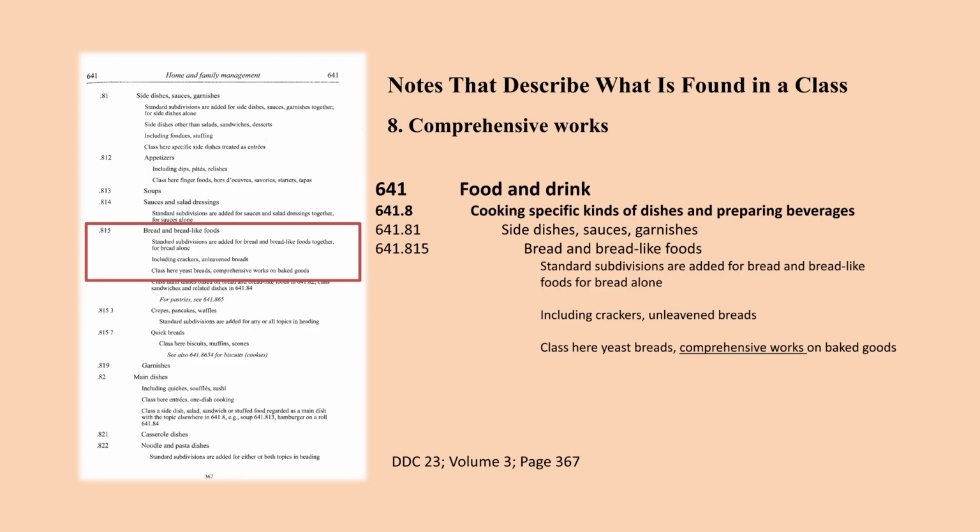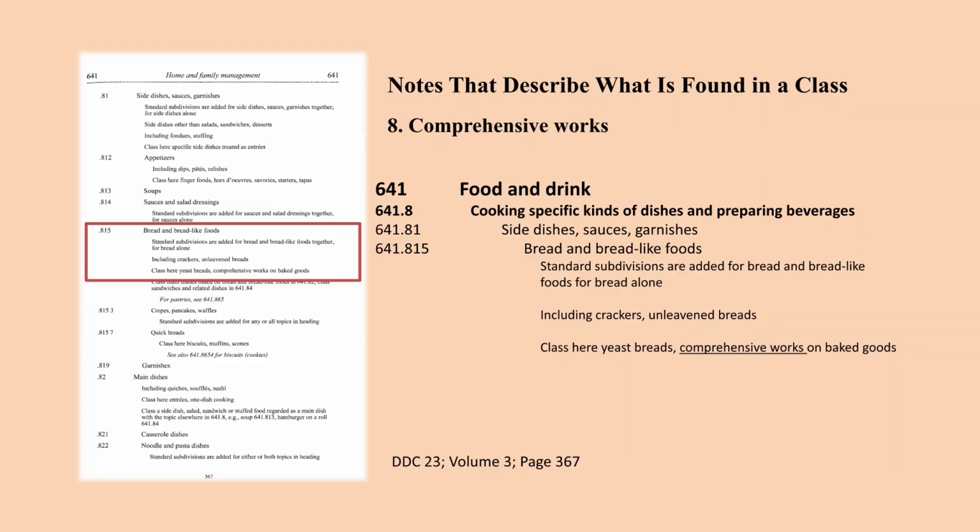So if we go to page number 367 of volume 3, 641.8, that is cooking specific kinds of dishes and preparing beverage. 641.81 is side dishes, sauces, garnishes. 641.815 is bread and bread-like food.